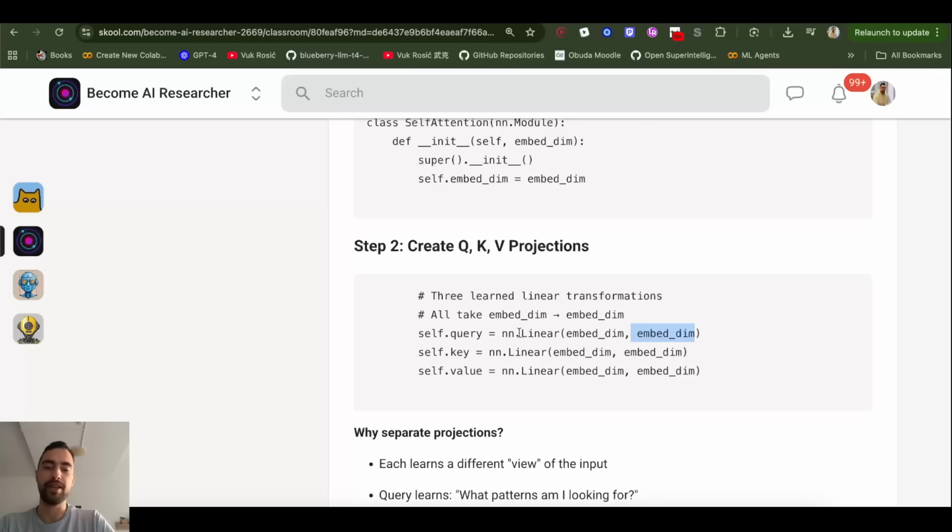It will have some weights and transform this vector embedding into its query. This query will say what information this token is looking for. I explained this in the last video. Key is describing the information and value is the actual information. So key is describing what value is. And all of them are linear layers that generate this key, query, and value, from the same input.